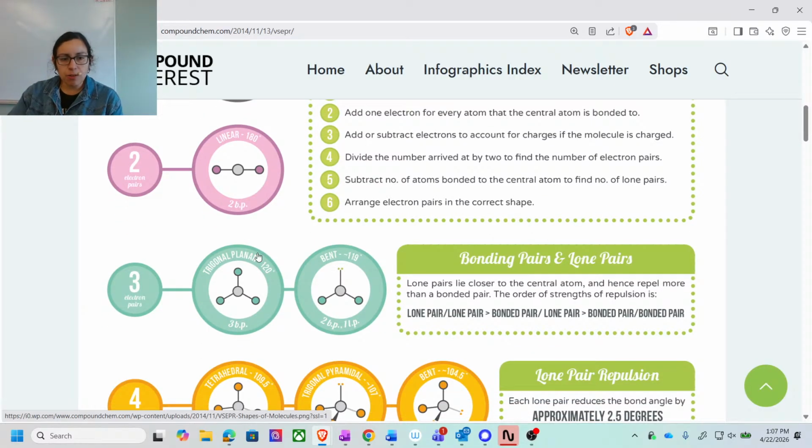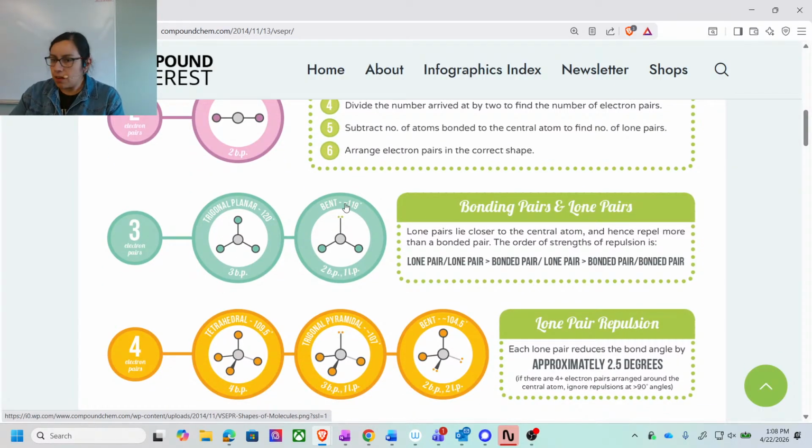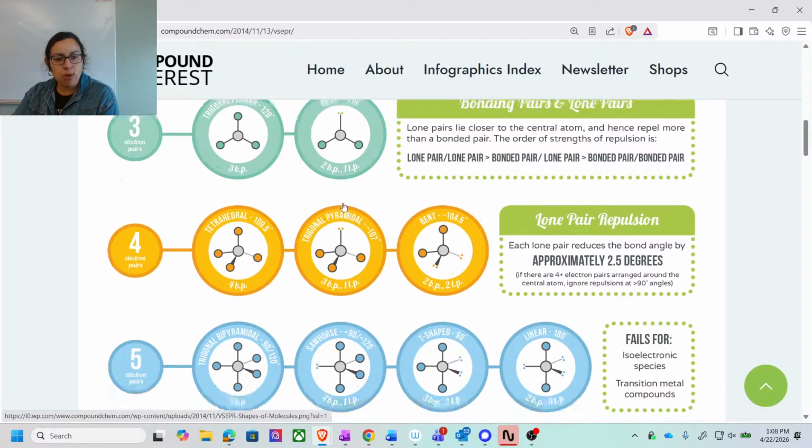Same thing with trigonal planar, fully symmetric going out in three directions. If you have the same or very similar electronegativity atoms, that would result in nonpolar. But anytime you move over here and you've broken the symmetry, so now you have a lone pair, that's a good suggestion that it's probably polar. It doesn't matter what these substituents are, still polar. Same thing, tetrahedral. As long as we have the same atom on all four, that's going to be nonpolar like methane and carbon tetrachloride.